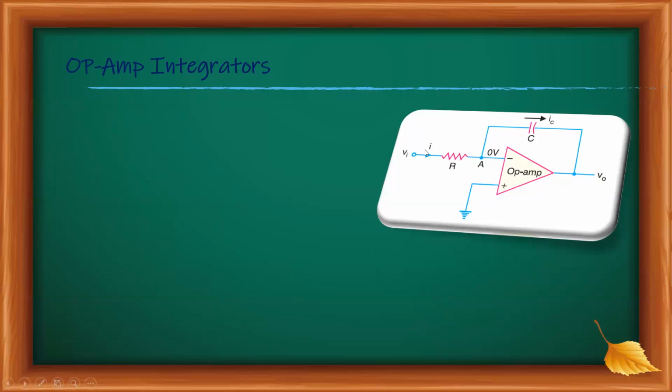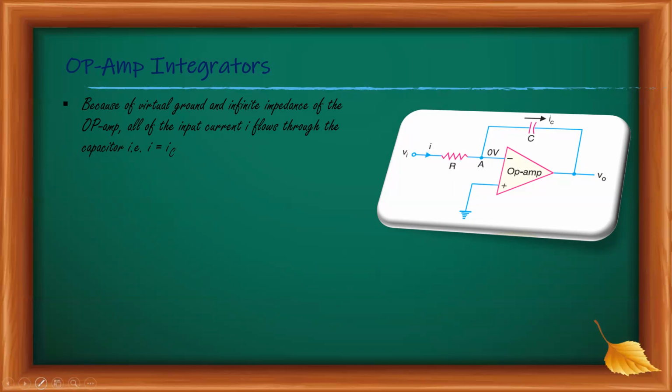Then the current I will flow through the capacitor. So we can say that I must be equal to IC.